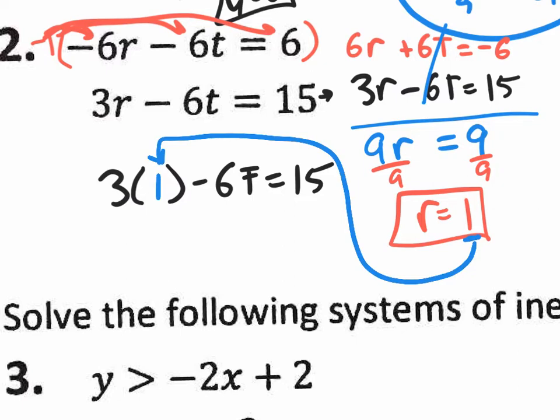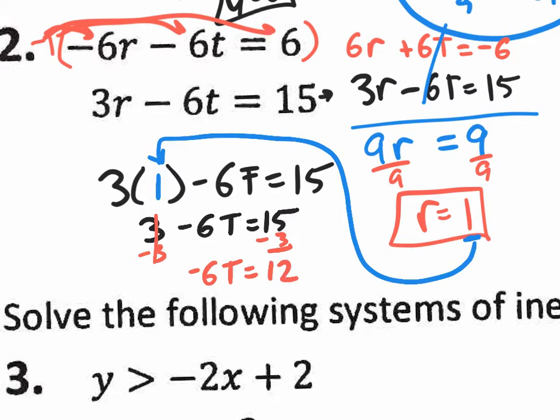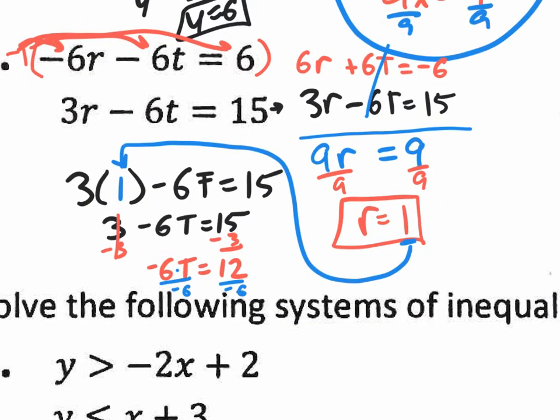So now let's do this math. I have 3 times 1, which is 3, minus 6t equals 15. And then I would subtract 3, and I will have negative 6t equaling negative 12. No, positive 12. So my final step would be to divide by negative 6 and divide by negative 6, which means that my t value is what?